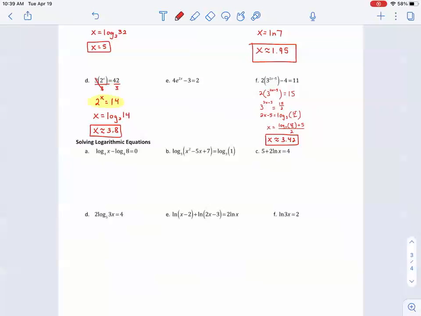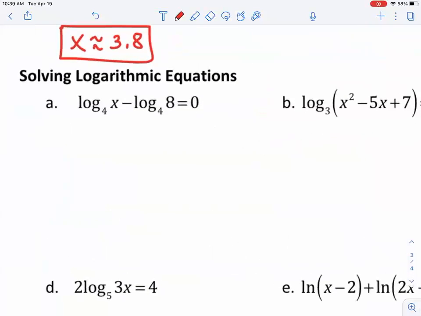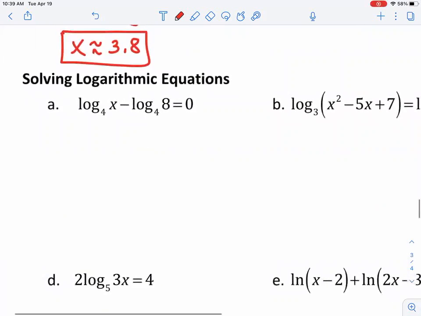All right, let's take a look at this problem down here. Now we have something in log form, and we want to try and solve that thing. Well, if it's in log form and it looks ugly, which this does to me, I'm going to try and put it into exponential form.